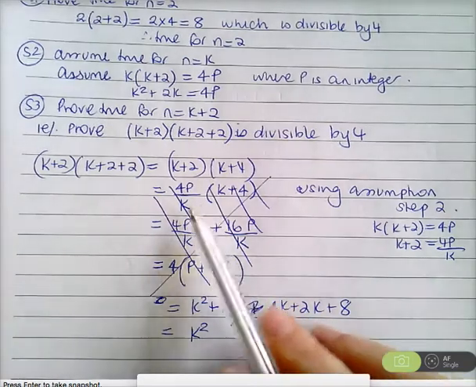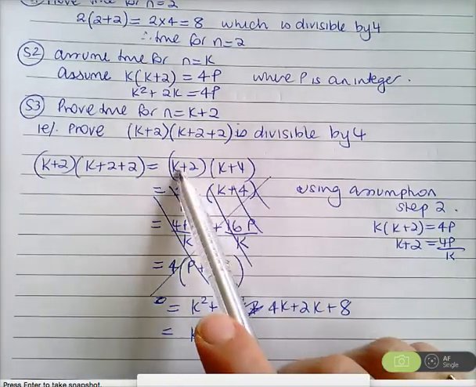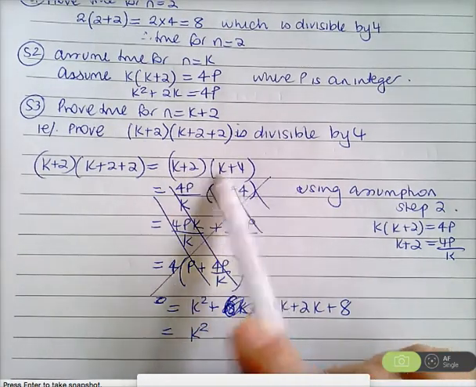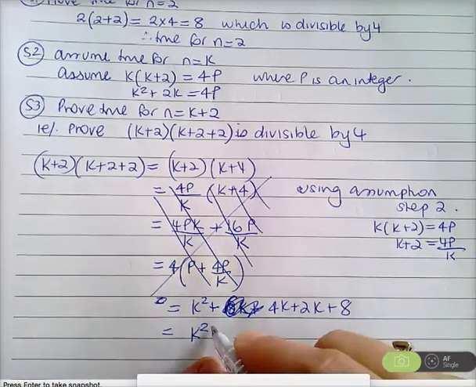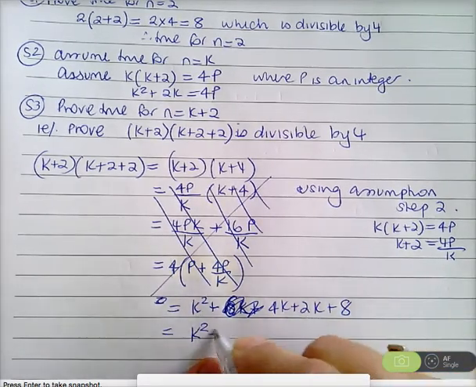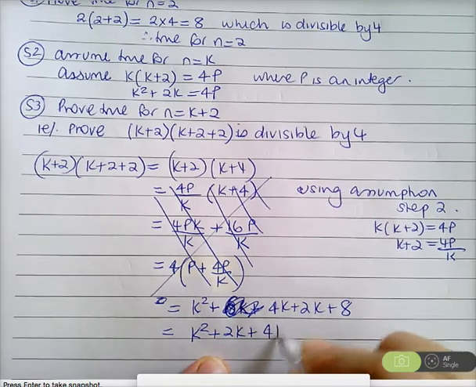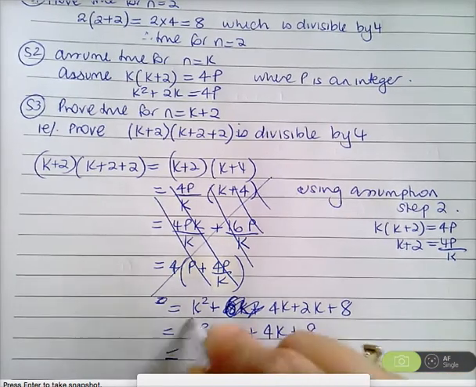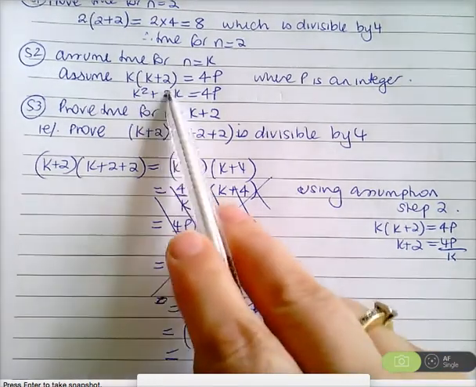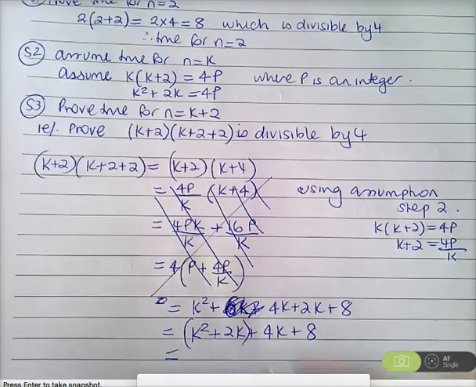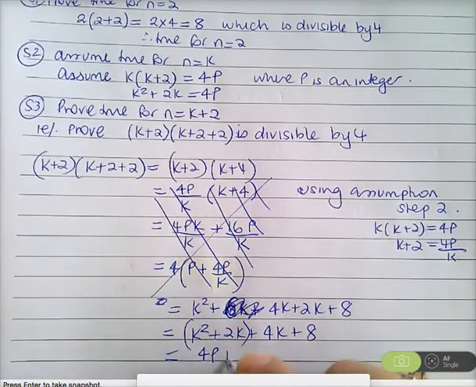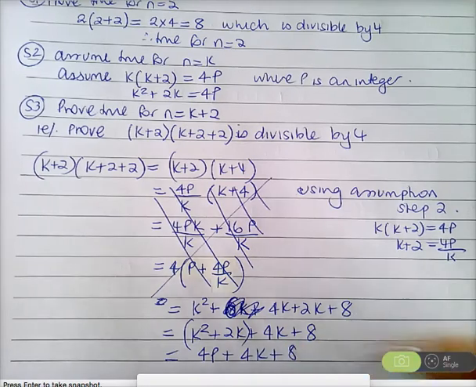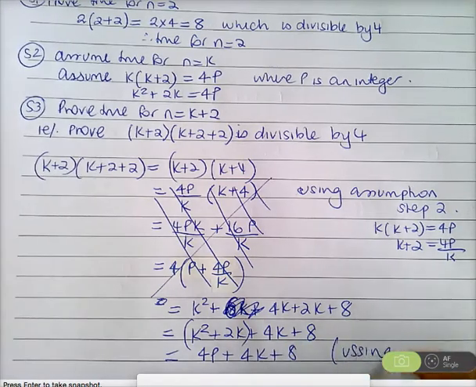Just to change here, you can expand this as k squared plus 4k plus 2k plus 8, and then I just want to rearrange and get k squared plus 2k plus 4k plus 8. Then I'm going to replace the k squared plus 2k up here with 4p, which is 4p plus 4k plus 8, using the assumption.